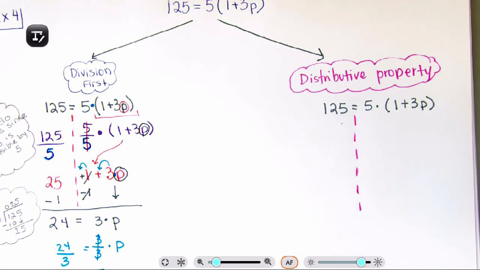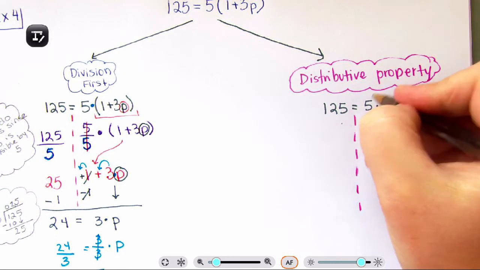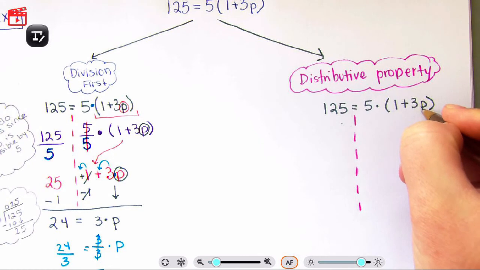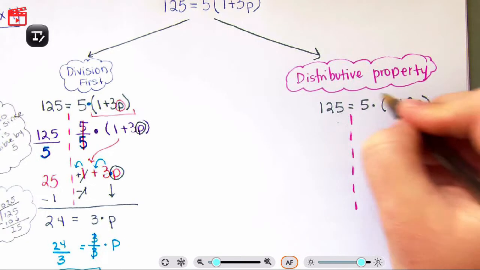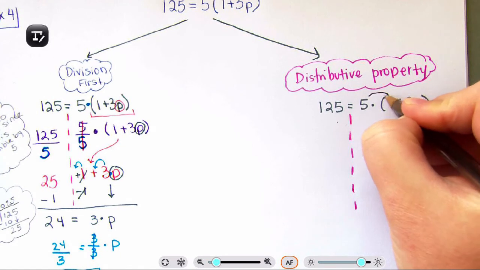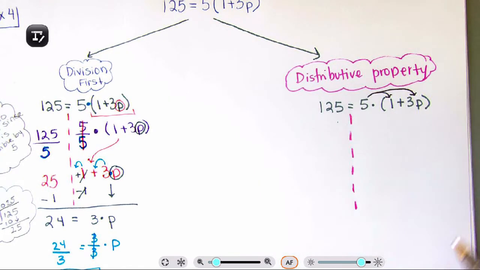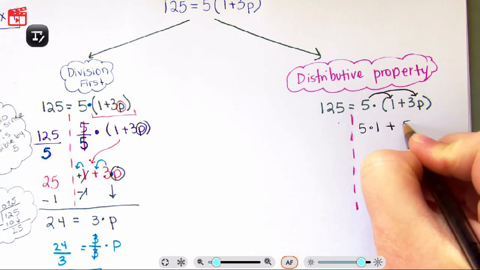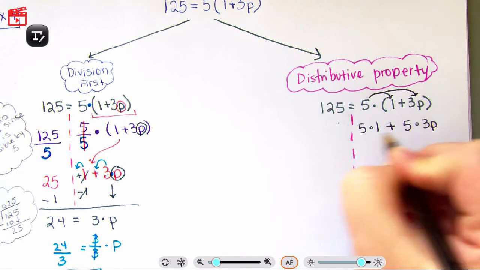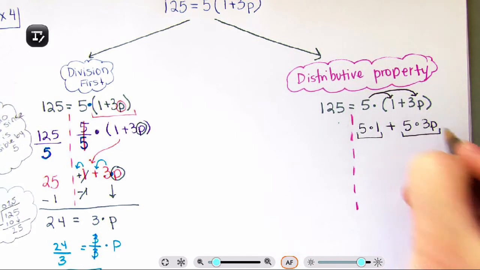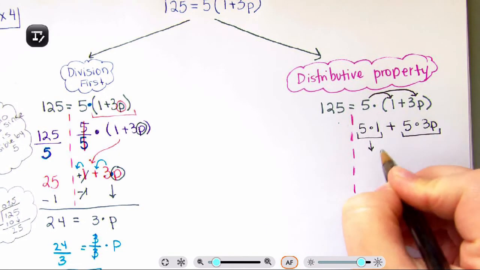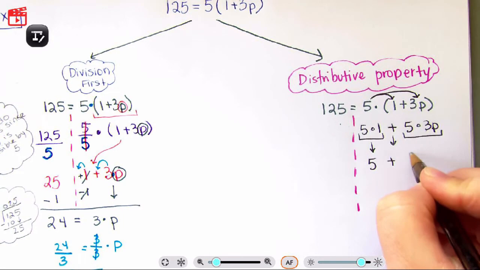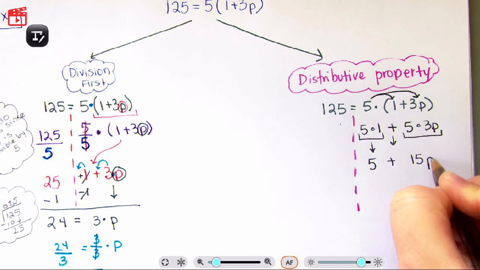Since we have 5 times 1 and 3p, we're going to say 5 times 1 and 5 times 3p. So what I really have is 5 times 1 is 5, and 5 times 3 is 15. And then we have our p.